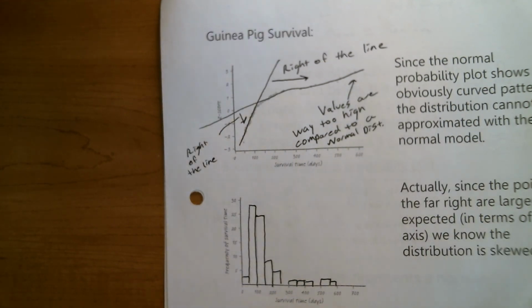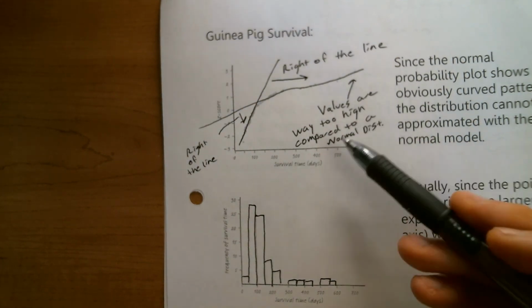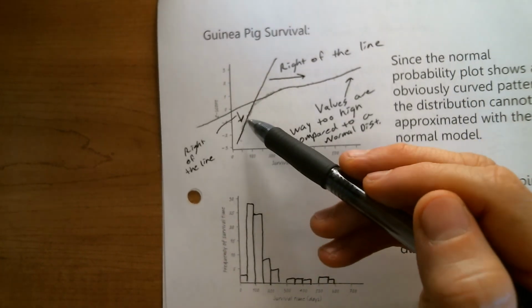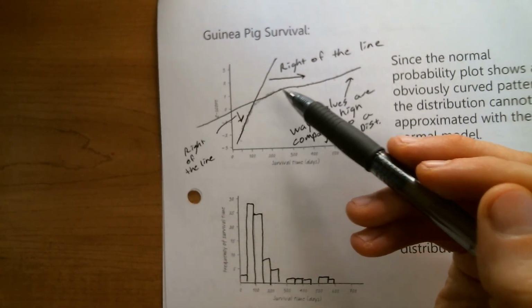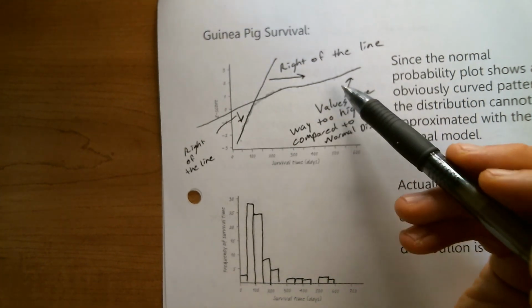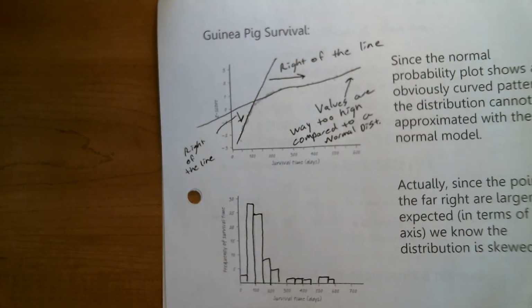And then the same thing can happen in reverse for left skewed, where you're getting values much lower than would be expected based on a normal distribution. So that's the general idea: you're getting values that are out of whack with the normal distribution, and the normal probability plot gives you a way to assess that by turning everything into z-scores based off the observation's percentile.